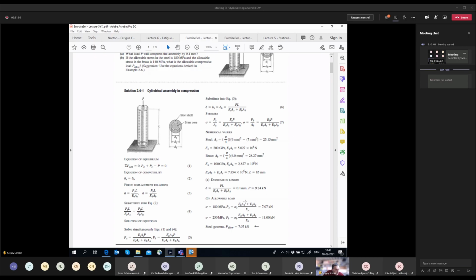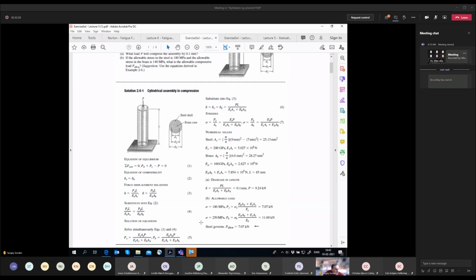So then you have this quantity, and then P equals this. The true interpretation is that if we allow the stress to be equal to 180 in the steel component, then the total force must be 7.07 kilonewtons.